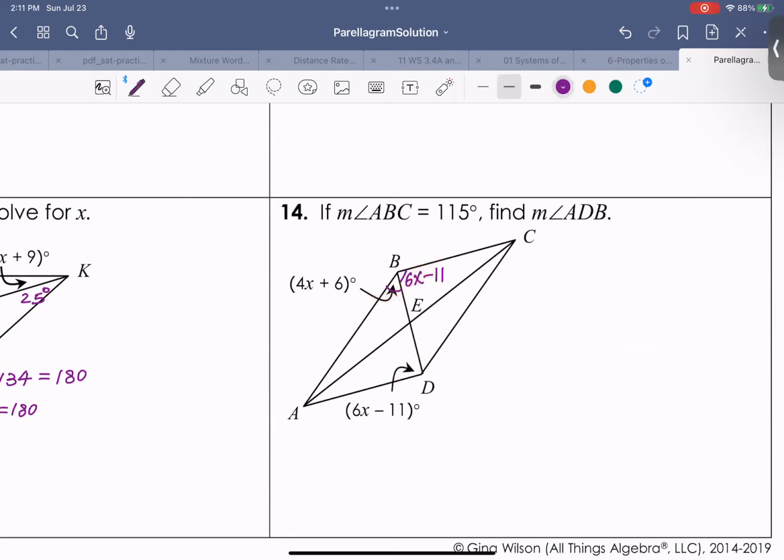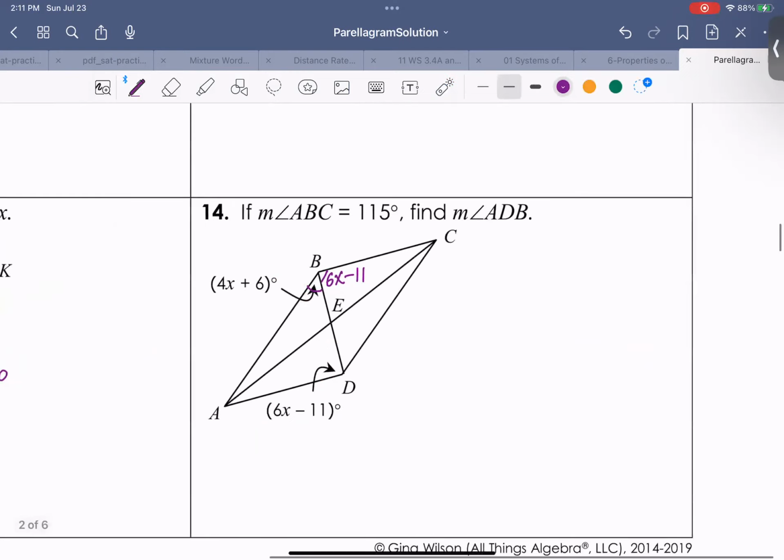So what's our equation? 4x plus 6 plus 6x minus 11 is equal to 115. 10x minus 5 is equal to 115. 10x is equal to 120. x is equal to 12.